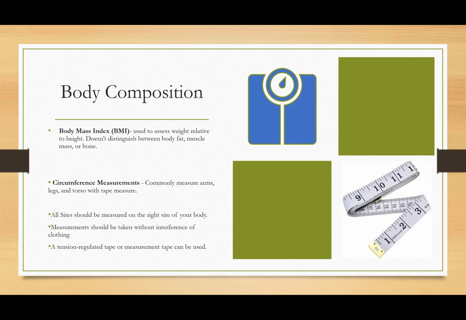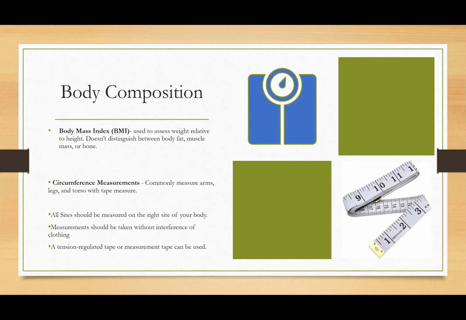Another thing to keep in mind is that as you are measuring, you want to make sure you're using flexible measure tape and that as you measure, you're keeping it taut and level throughout the girth of your body segment. So some common areas that are typically measured are the arms, legs, and torso.